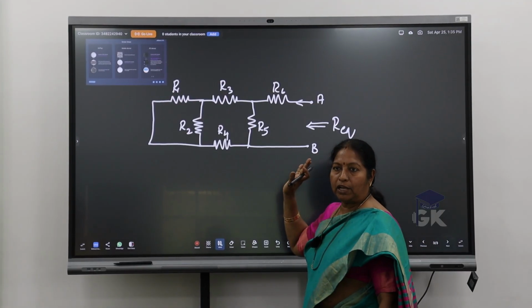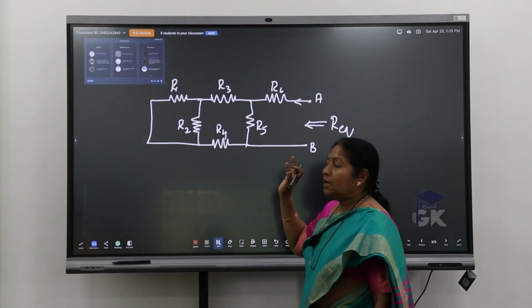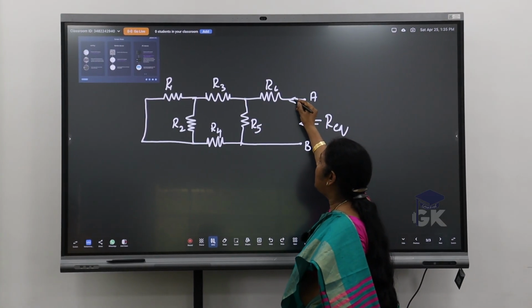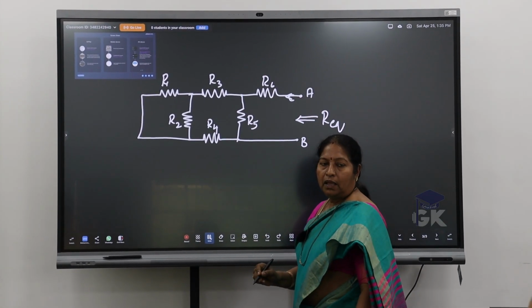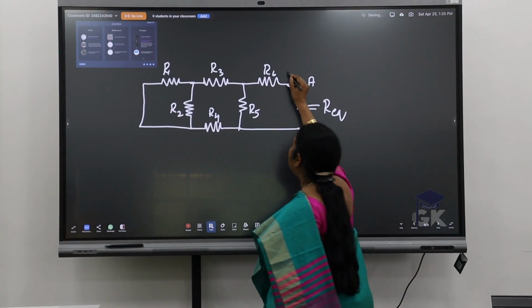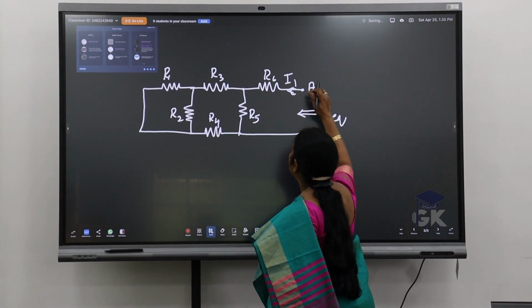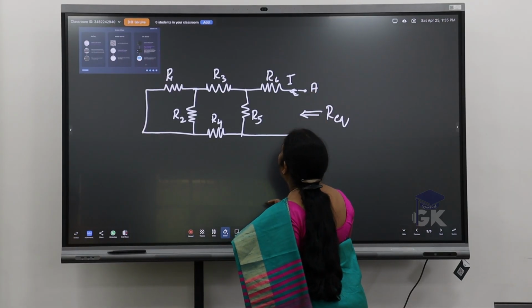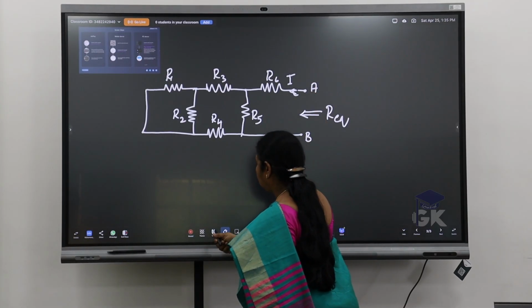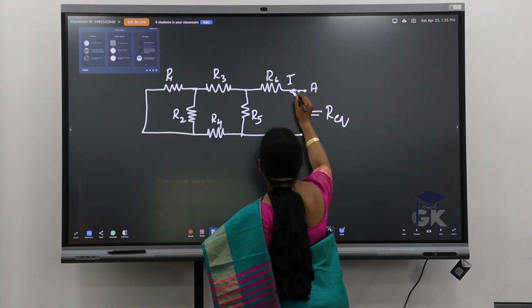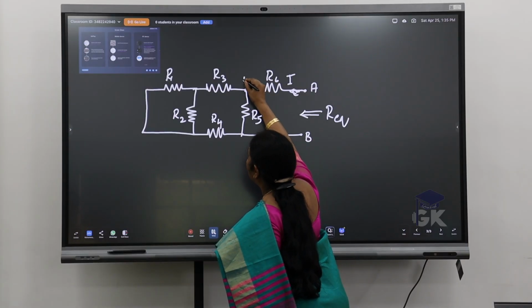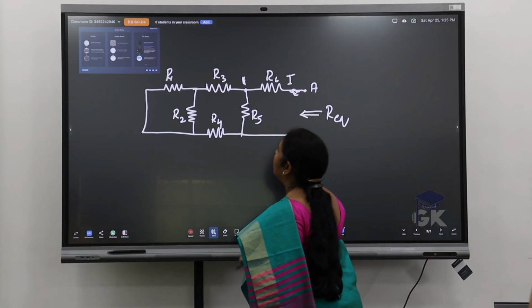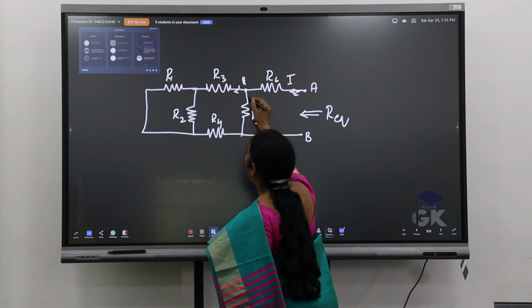Between A and B, a potential has been applied. Imagine the current direction starting from A. So let me take this current as I. Now this current, at junction 1, it is getting divided into two branches.